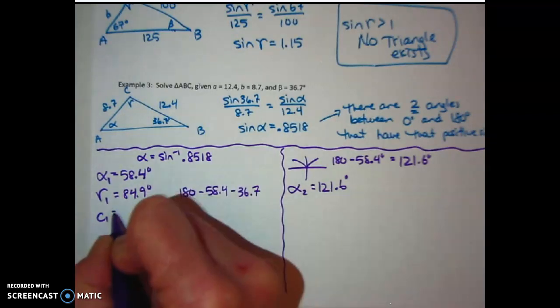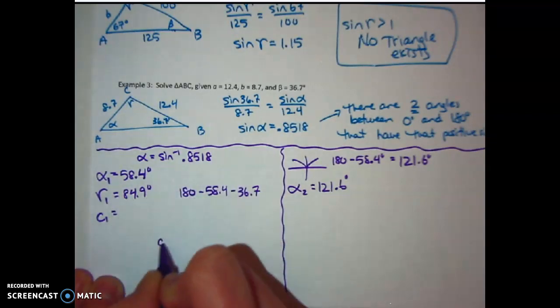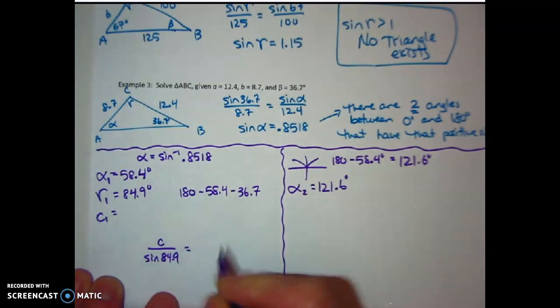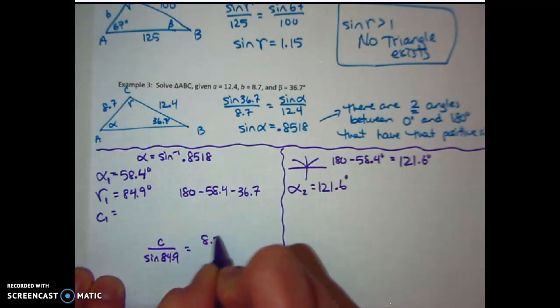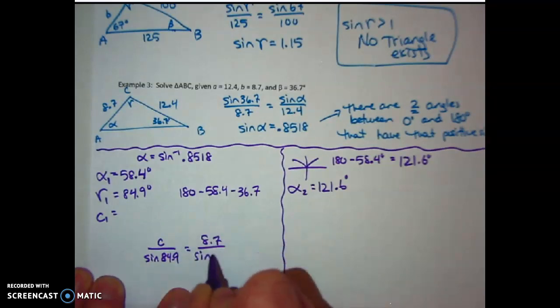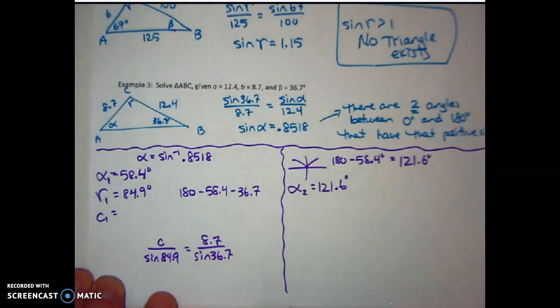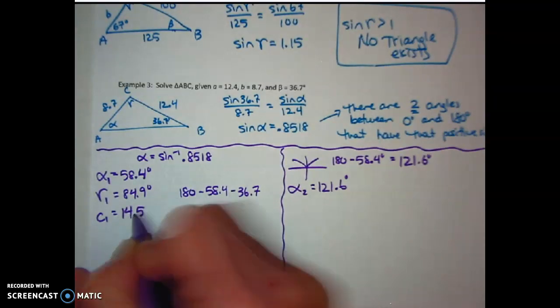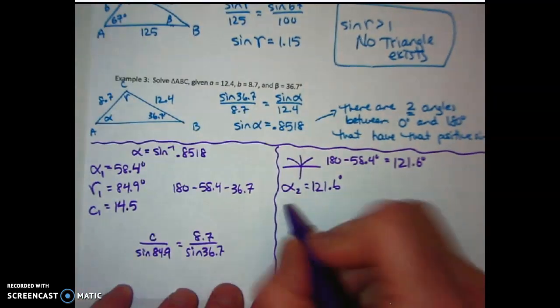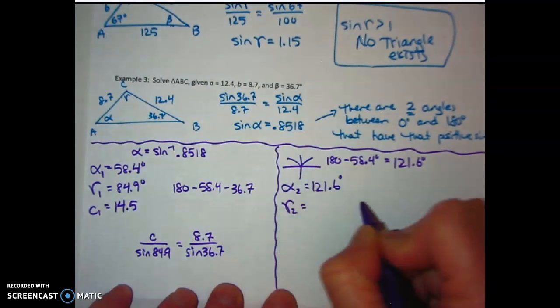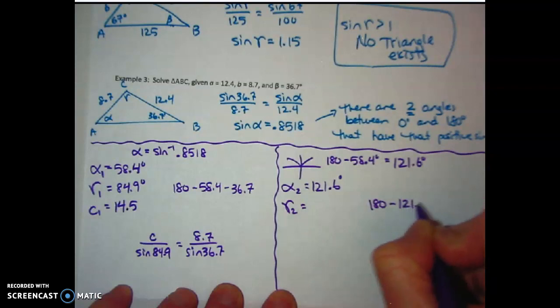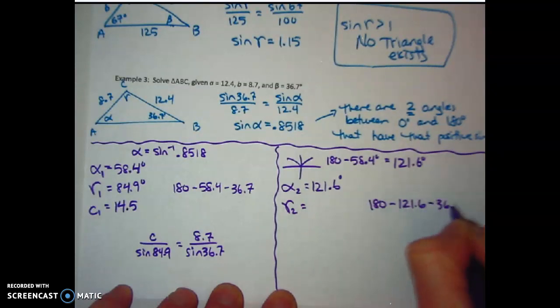And now we can use our law of sines. We can say that C over the sine of 84.9 equals, we want to use our given information, so 8.7 over the sine of 36.7. Popping all this into your handy-dandy calculator, you should get that C1 is 4.5 units long. Similarly, over here, our gamma 2 is going to be 180 minus 121.6 minus 36.7.